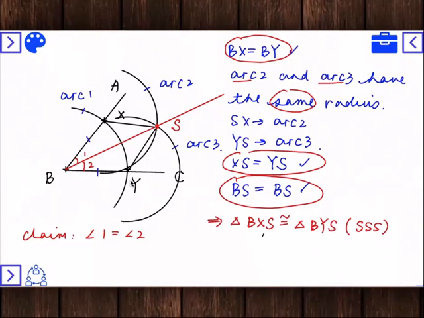And since these two triangles are congruent, of course, angle 1 and angle 2 are equal. And since angle 1 and angle 2 are equal, we can conclude that BS is the angle bisector.